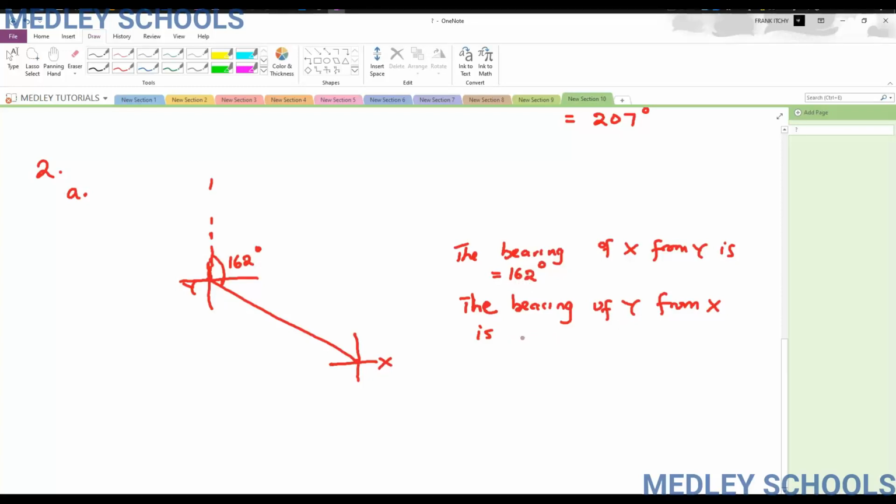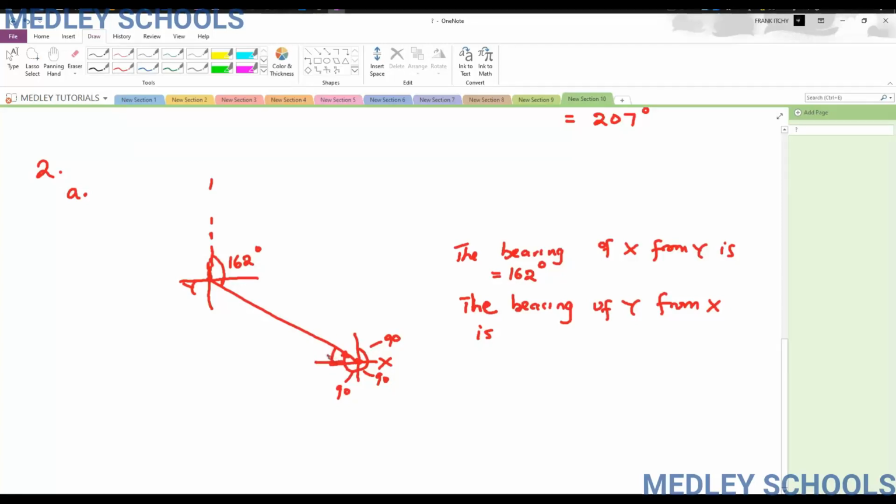Now, for the bearing of Y from X, we are going to read it from X. And if we are going to read it from X, that means we need the angle from north till it gets to this line. Now remember, this is 90 degrees, this is 90 degrees, this is 90 degrees, but you don't know this. Now you need from here to here.